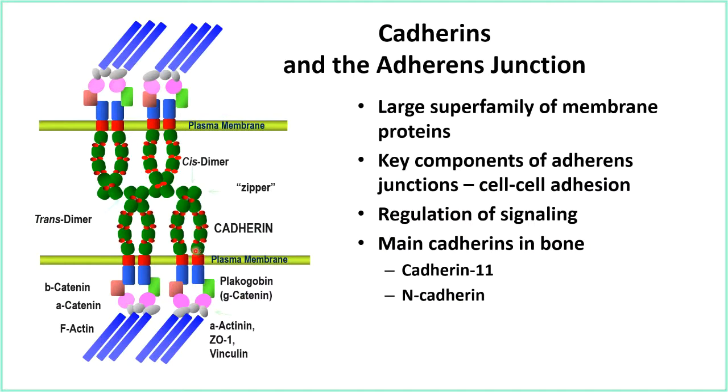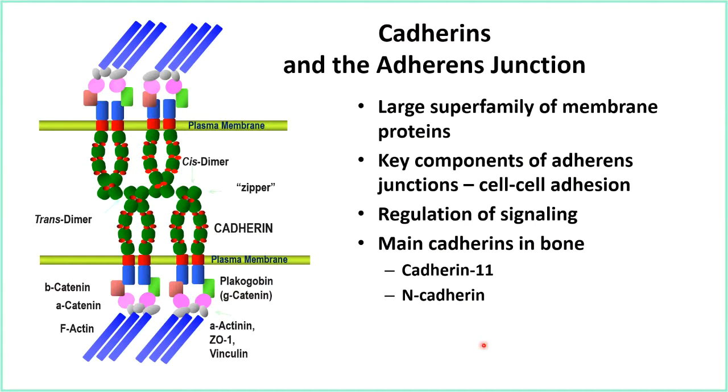The cadherin itself is a single transmembrane spanning molecule with a long 5 repeat extracellular domain and a shorter intracellular domain, which is very important because it interacts with several proteins of the cytoskeleton, some of which, however, are also important in signaling. For example, beta-catenin. We'll go over that in the rest of the presentation.